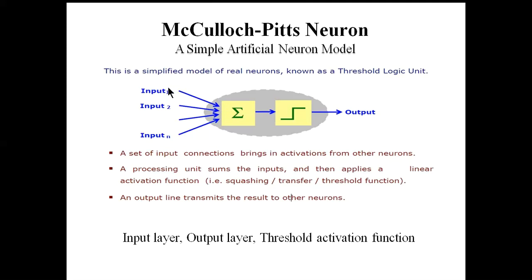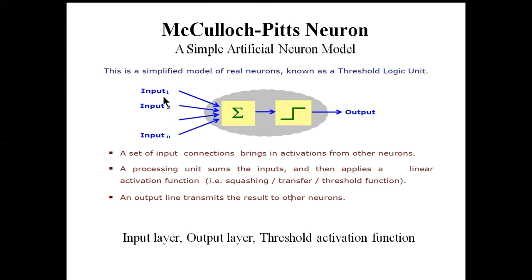Here you can see that these inputs correspond to the dendron or dendrite, the accumulator section corresponds to the soma, we can call this one the axon, and this one the synapse section, from where the electrochemical signal passes to the next one.